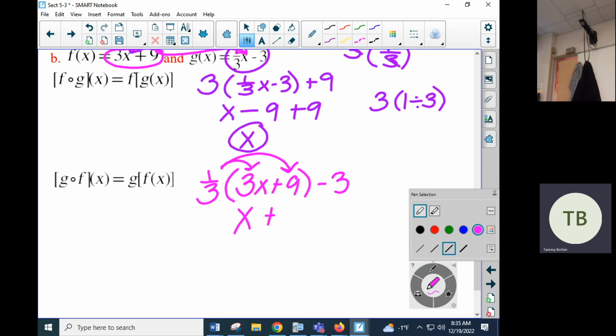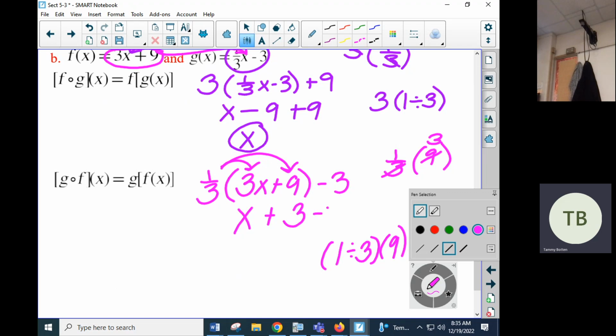Now, if you do 1/3 times 9, you could do that on your calculator, or you're just thinking of 3 goes into 9 how many times, and 3 goes into 9 3 times, so that would be 3. If you wanted to do that on a calculator, you would go 1 divided by 3 times 9.